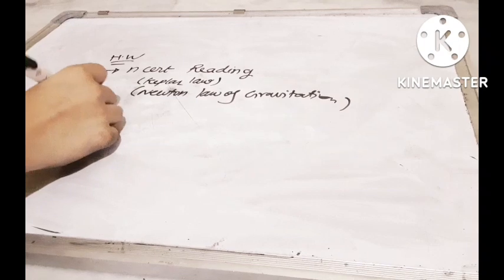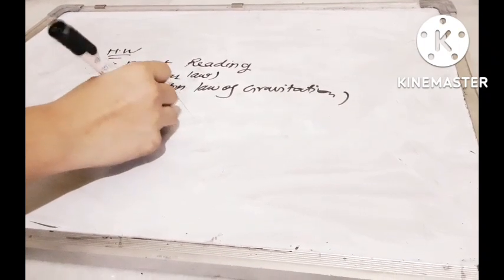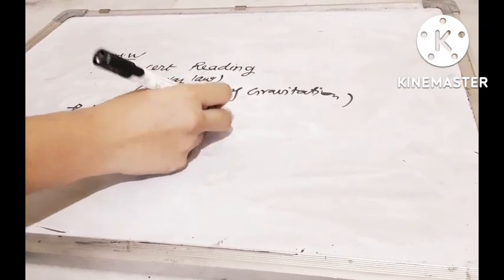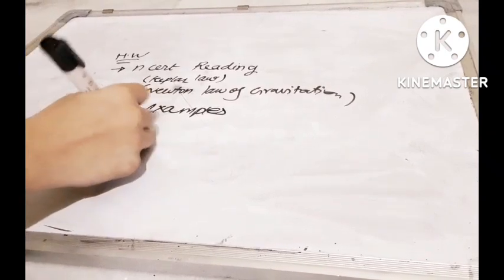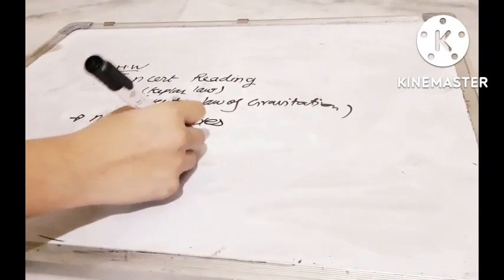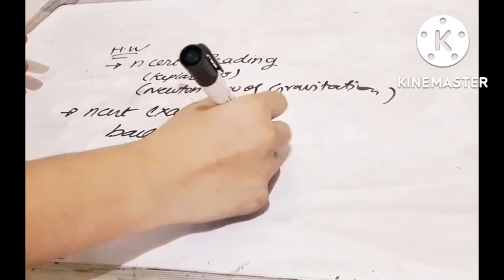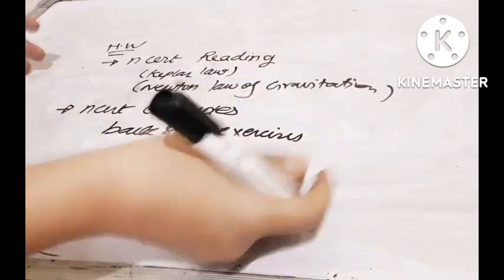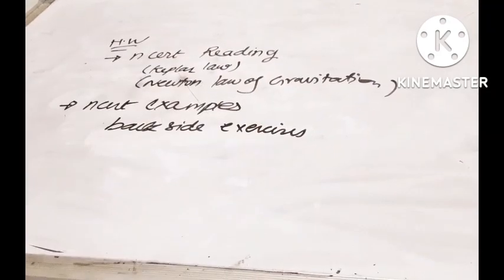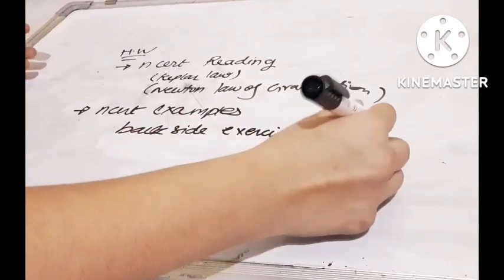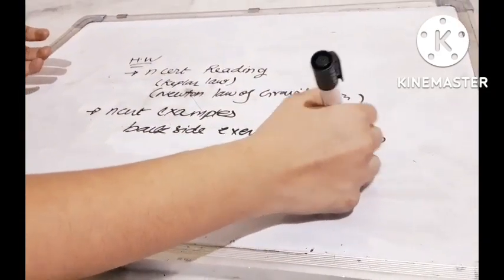Then you need to solve the NCERT examples, whatever is given in the textbook, and the backside exercises. After the chapter they give some exercises, no? Those backside exercises which are related to Kepler's law and Newton's law of gravitation, you need to solve. You will get around 6 to 7 sums over here.